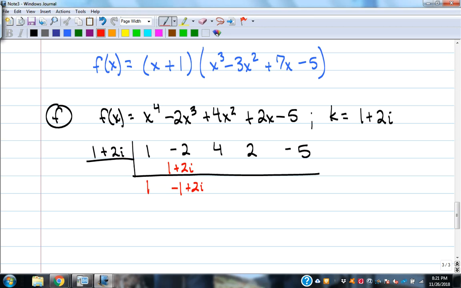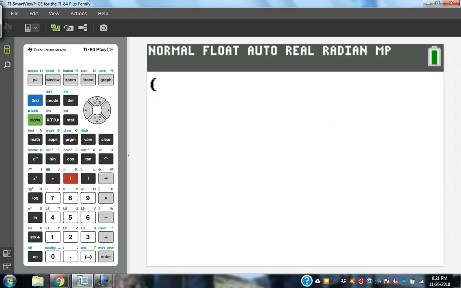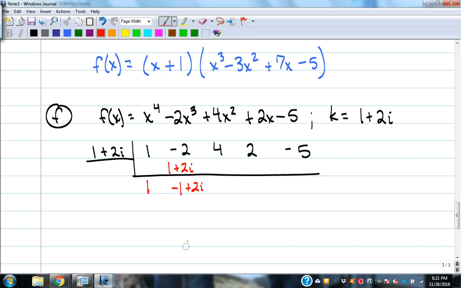Now here's where the calculator is going to come in handy when you start multiplying these complex ones together. Remember that your calculator can do that for you. So we have 1 plus 2i. To get the i, remember it's second decimal point. And we're multiplying that by negative 1 plus 2i. That gets us a negative 5. So that's what goes right there.